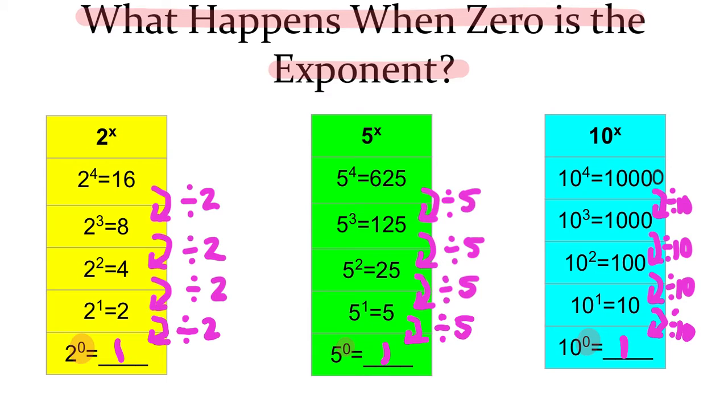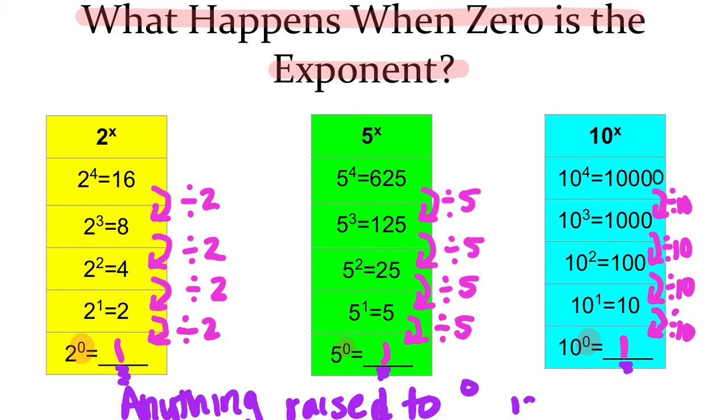What we can see is that for each one of these, the last term when you're raising to the 0 power is 1. So anything raised to a 0 is 1.